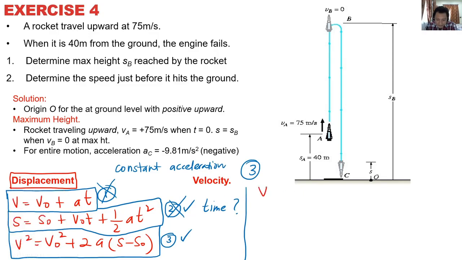V squared is equal to V naught squared plus 2a(s minus s naught). V squared stands for final velocity, V naught stands for original.